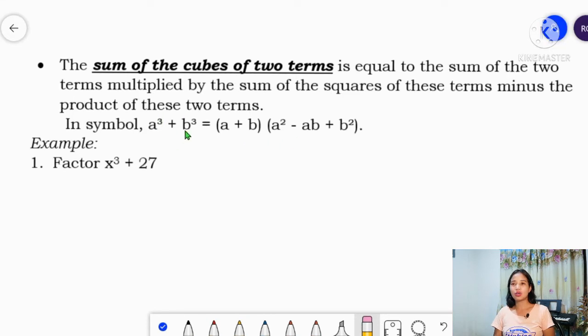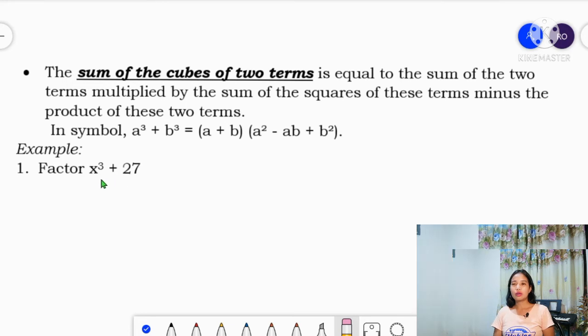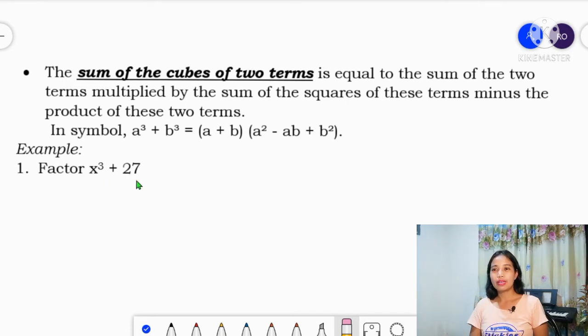So, pansinin ninyo na kapag ang operation doon sa given is plus, yung operation doon sa first factor is also plus or positive. However, magkakaroon ng negative sign or minus operation doon sa kanyang second factor. Okay, so let's have this as an example. X cubed plus 27. So, ang x cubed is already written in exponential form.